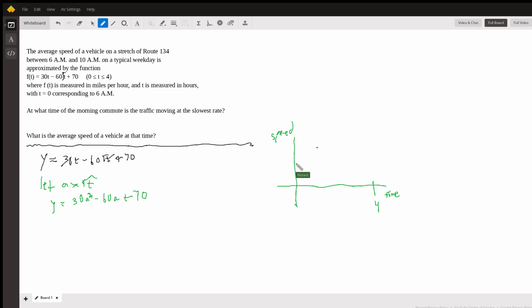Well, this thing starts at 70 when time is 0. We're at 70. You know that from looking up here or looking down here. If t is 0, a is 0. And we know it's a parabola. We know it's opening up because this coefficient is positive.